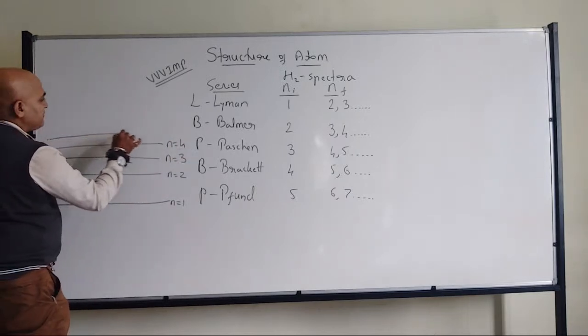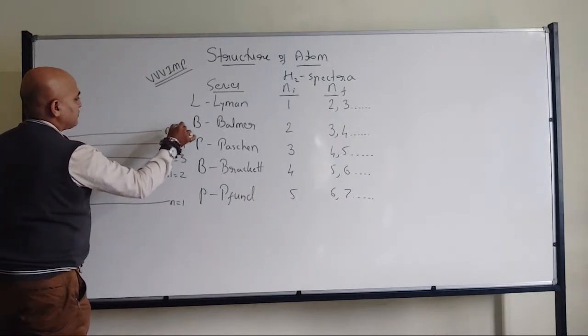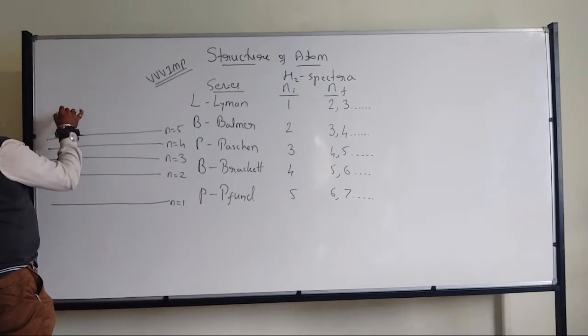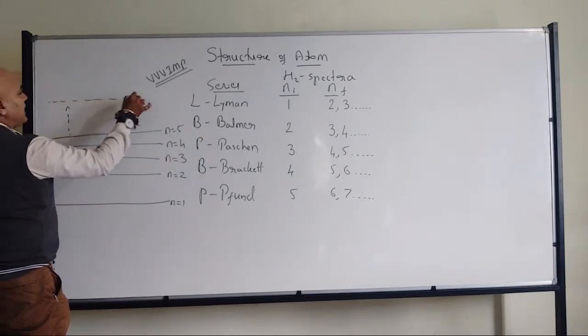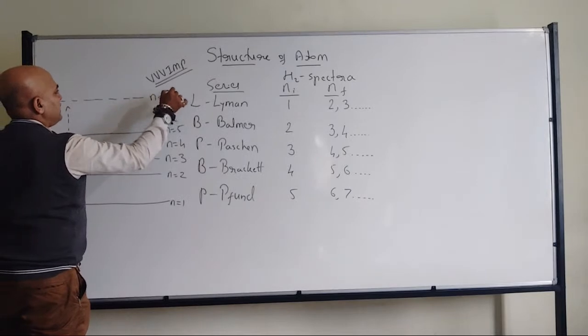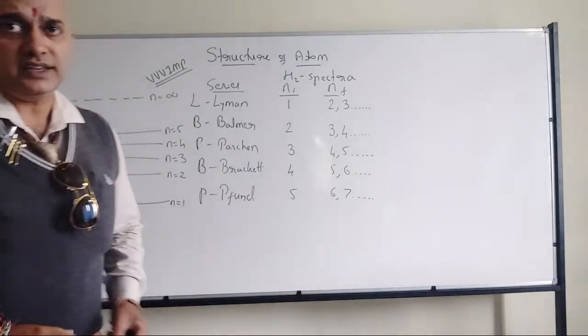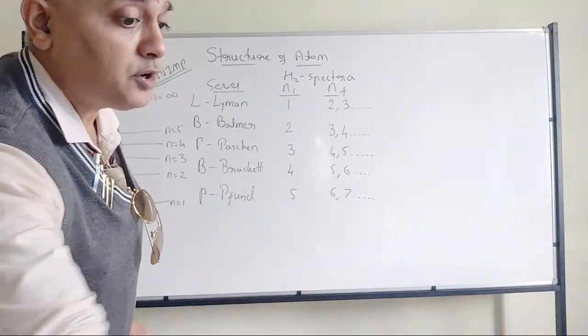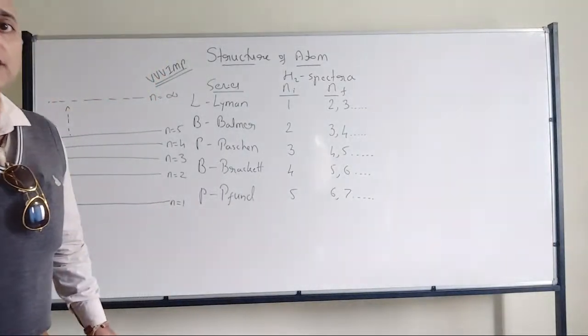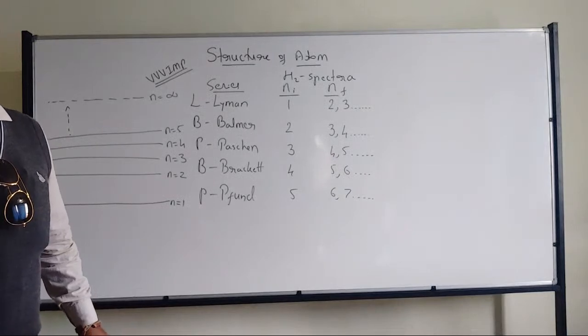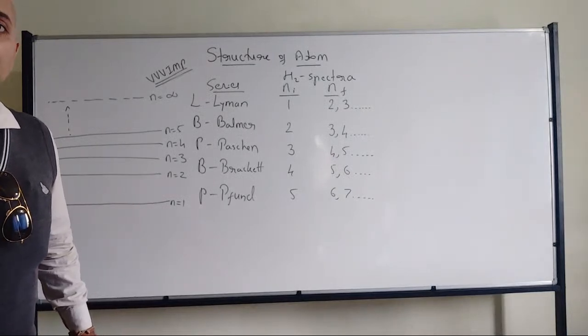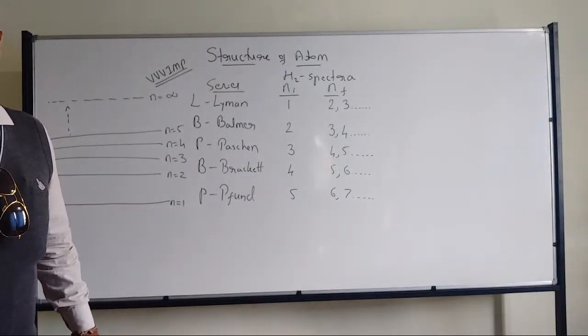Like that we can go on. n equal to 5. And finally at one particular point we have n equal to infinity. We are not worried about n equal to infinity. We are not interested in that, because the electron is not available which will go to infinity.